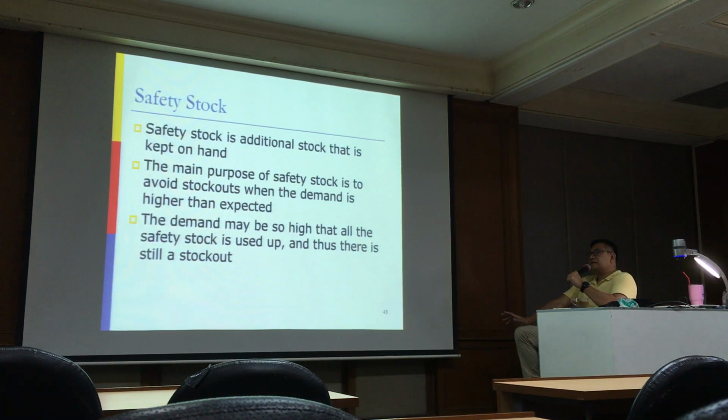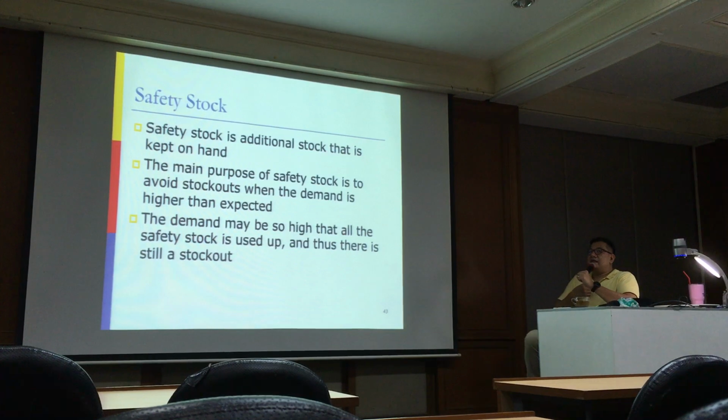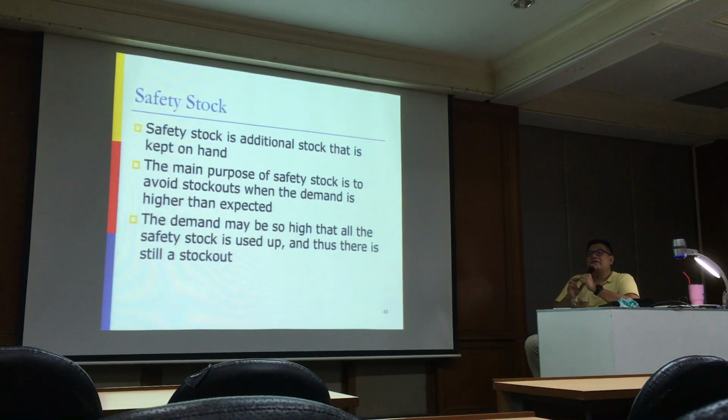So in this case, I want you to keep in mind that if we have safety stock, it doesn't mean that we're playing safe against the stock out, right? Even though we have the safety stock, we still have the probability of a stock out. But safety stock can at least help us support the unexpected demand for a very short time period.